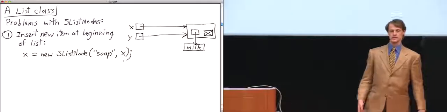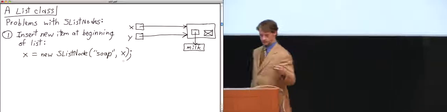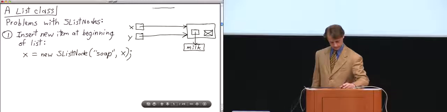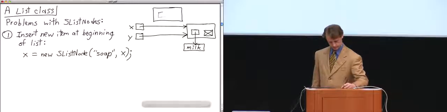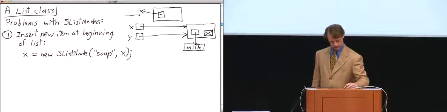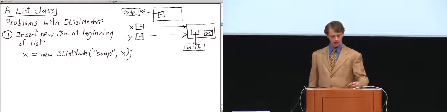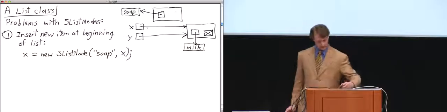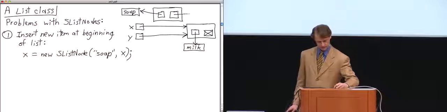So what does this do? This creates a new SListNode that points to the soap. We copy whatever is in this box X into the next field of that SListNode.